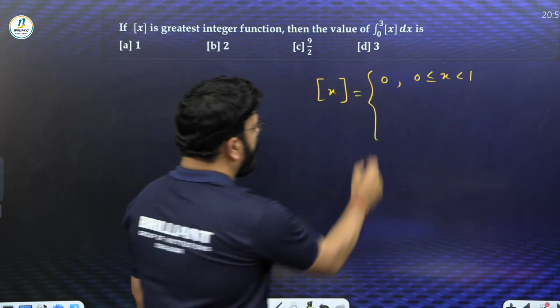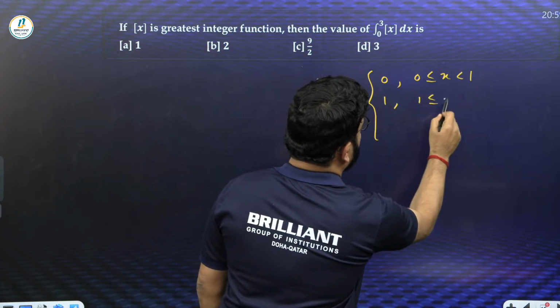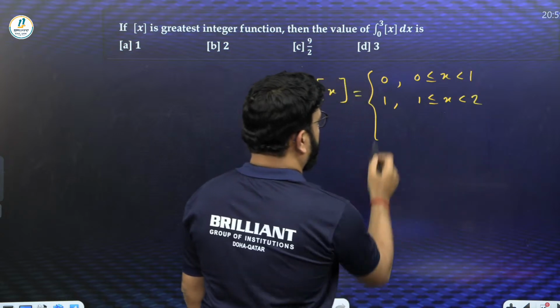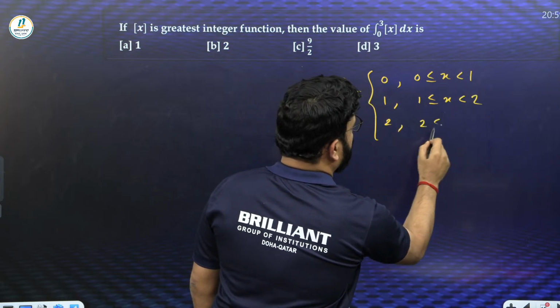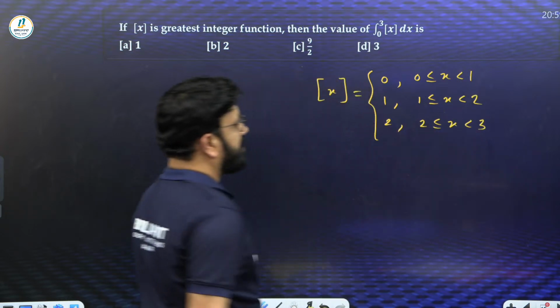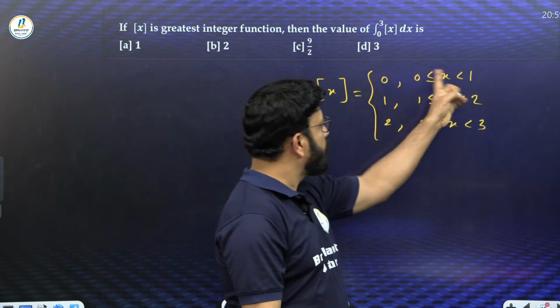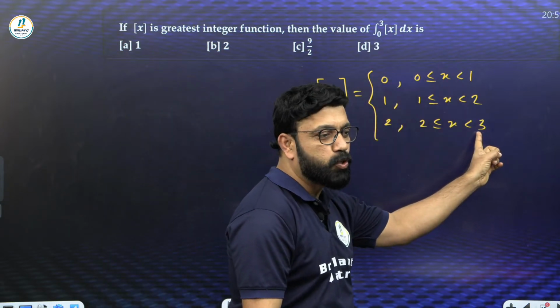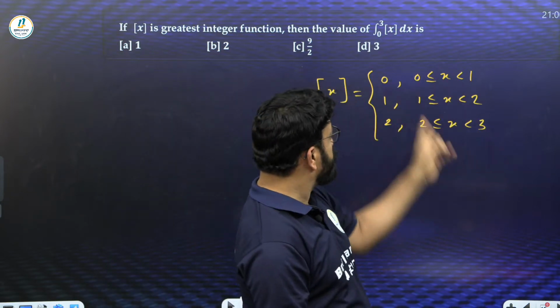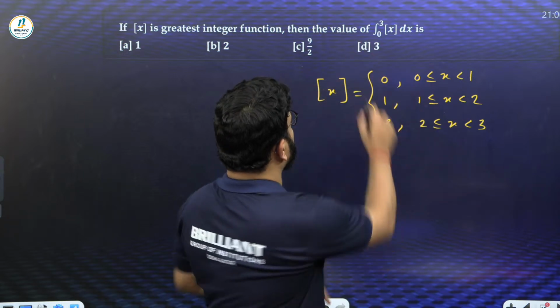That's the definition. 1 will come where 1 is less than or equal to x less than 2. 2 will come where 2 is less than or equal to x less than 3.